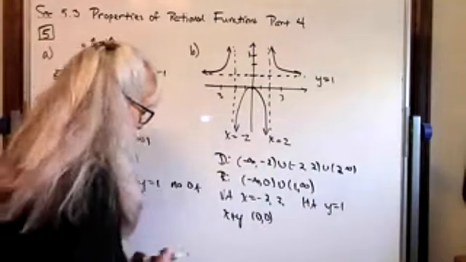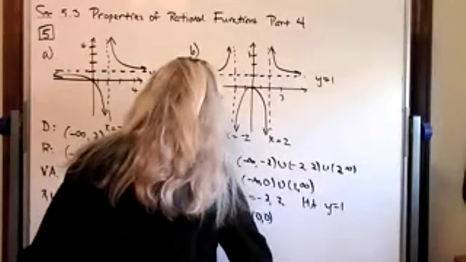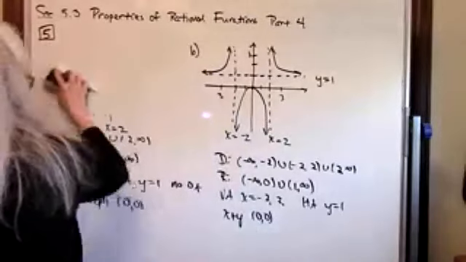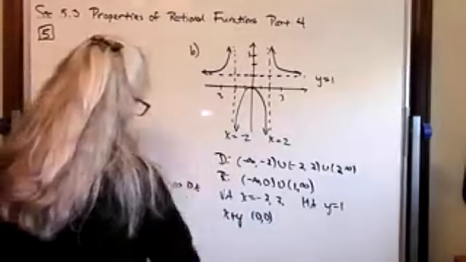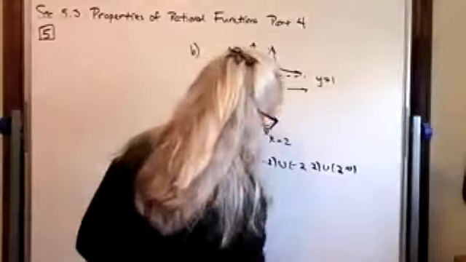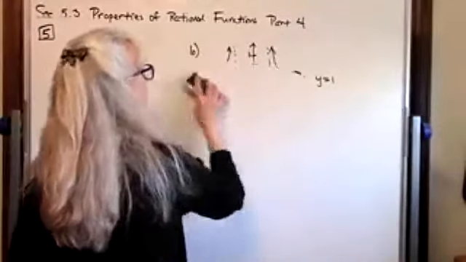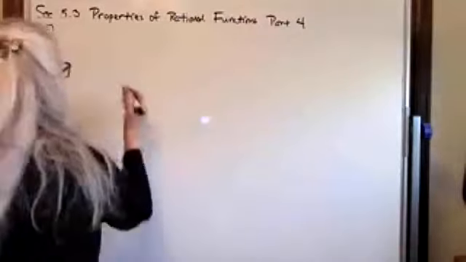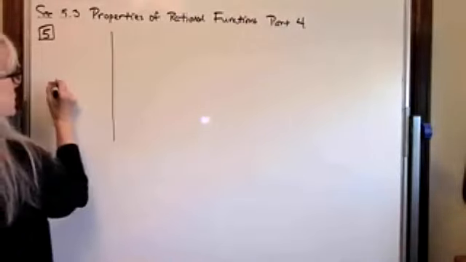But the last example, part C, we can see has an oblique asymptote. So it does not have a horizontal, it has an oblique asymptote. So let's get its picture on the board and pull the information from that graph. We have a picture that looks something like this.